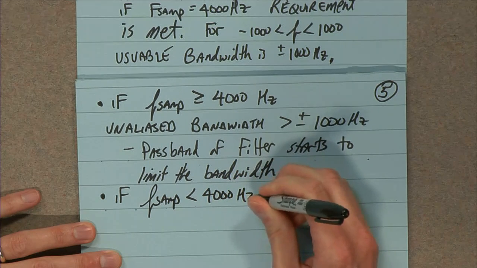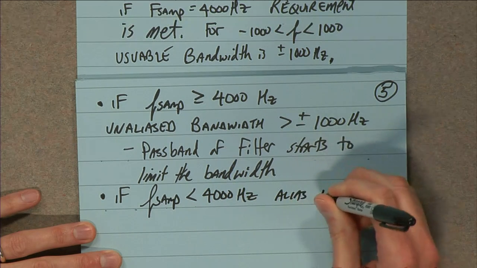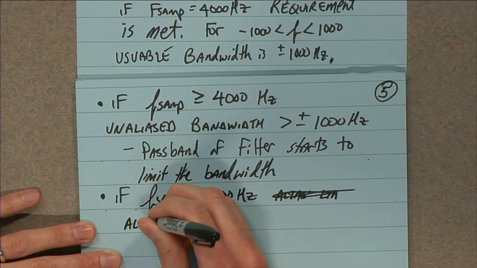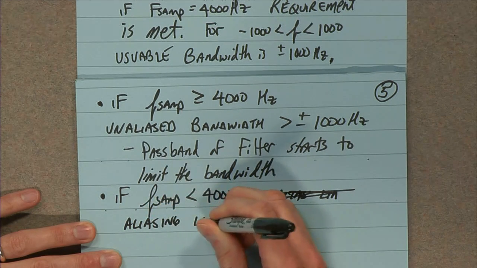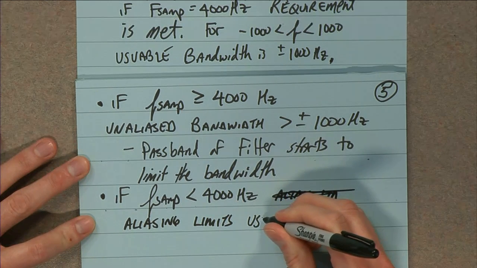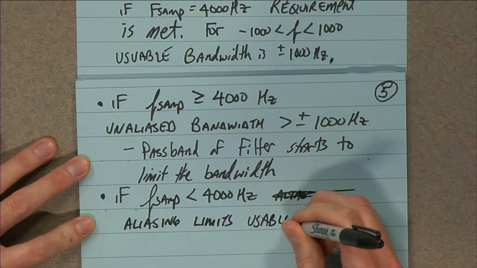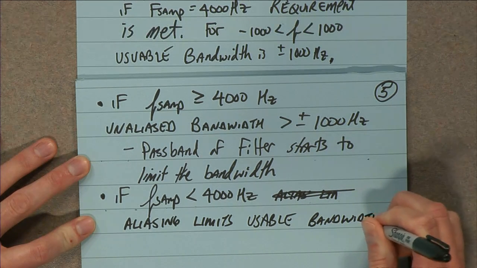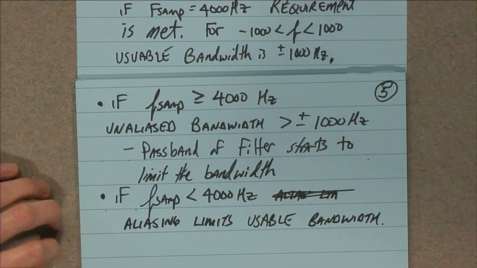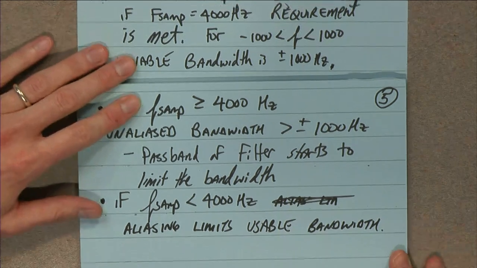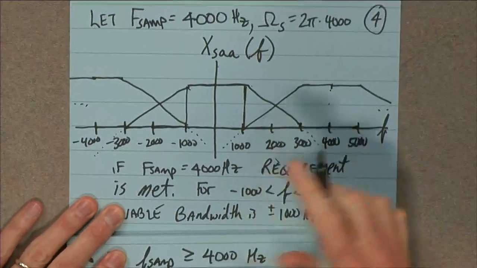Aliasing limits the usable bandwidth. And another thing that we have to keep in mind is, why did we have to sample so fast?